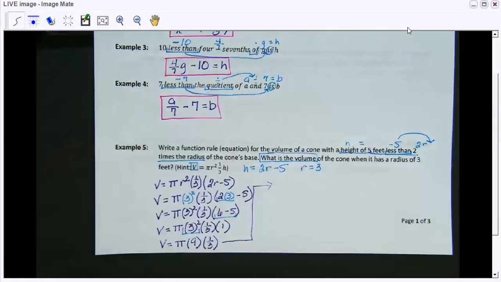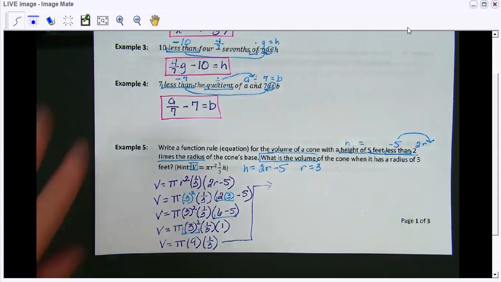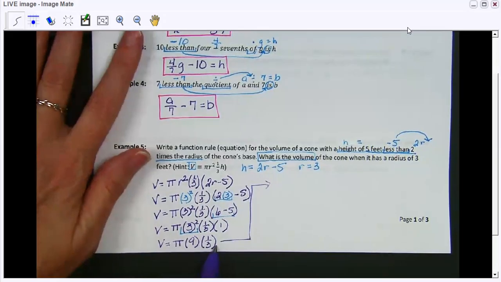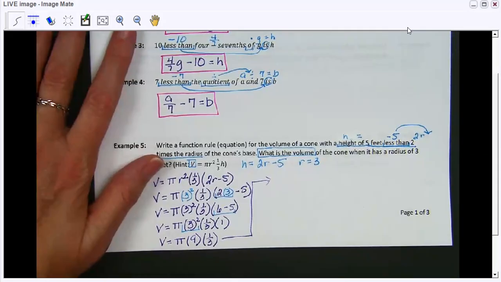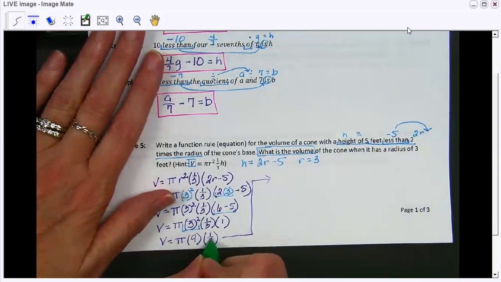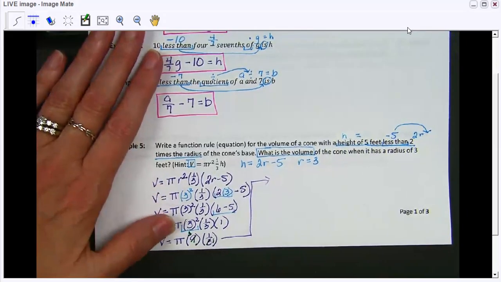Now that all we have is multiplication, the commutative property of multiplication says it doesn't matter which order we multiply it. So I'm going to multiply 9 times 1/3 because I can cancel out that 3. So I can take 3 and 9 like that. That's a 3 right there.